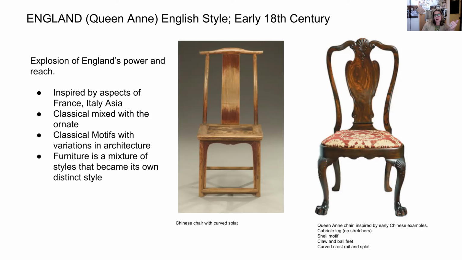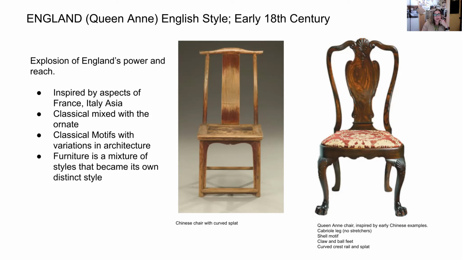There's a bit of classics, but then we mix it with a little bit of the Rococo, but it's pretty pared down. You'll notice the splat has a slight urn shape to it. It's a really interesting shape. So the furniture becomes a mix of styles that then becomes its own style.